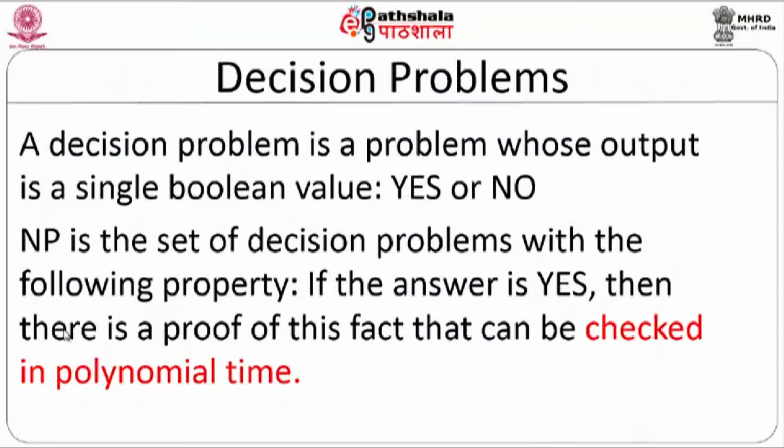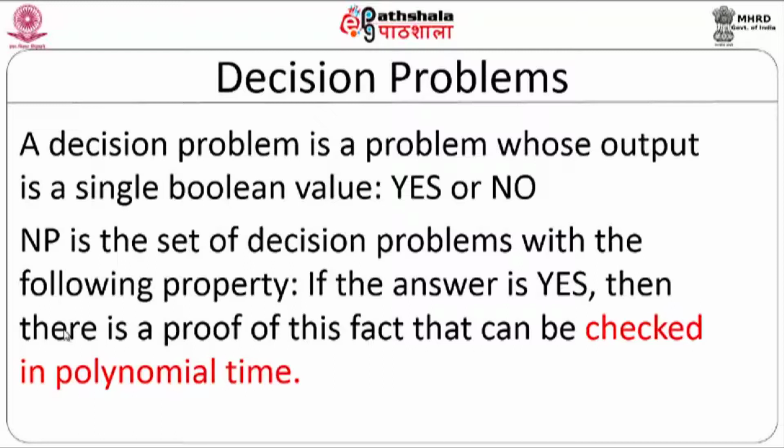The prerequisite for the discussion is the need for decision problems. A decision problem is a problem whose output is a single Boolean value, yes or no, and if that is the case, then we say that NP is a set of decision problems with the following property.